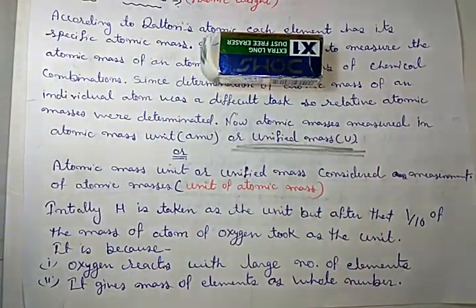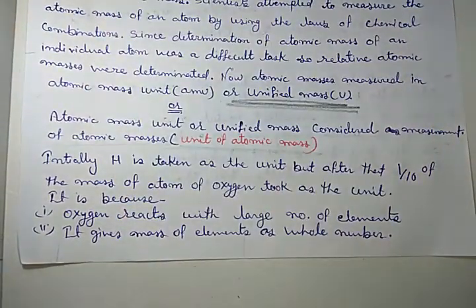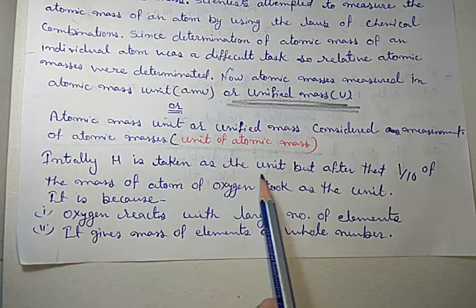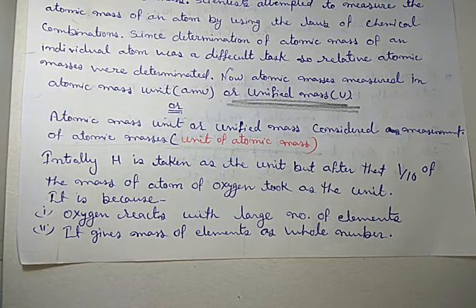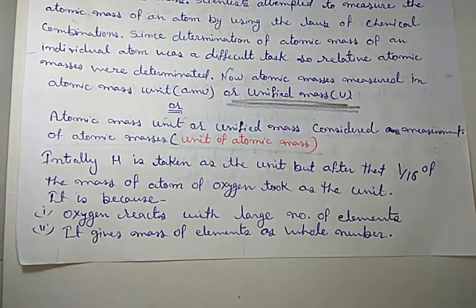Now we have discussed what a relative concept is. The question comes to our mind: which thing can we select as the atomic mass unit or relative weight? Initially hydrogen was taken as the unit, but after that 1 upon 16 of the mass of an atom of oxygen was taken as the unit of measurement. Why was oxygen selected?